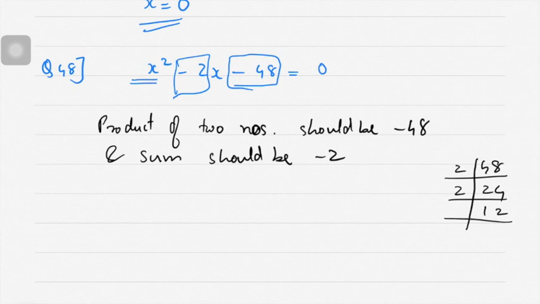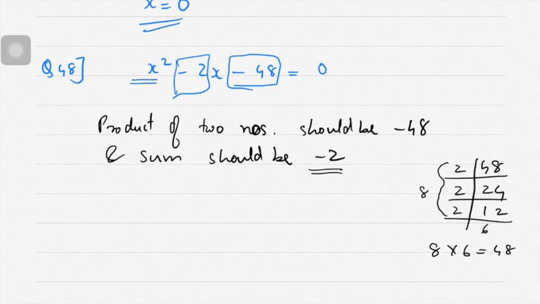Now 2 12s are, next is 2 6s are. Now see, I got the factors: 8 into 6 is 48.